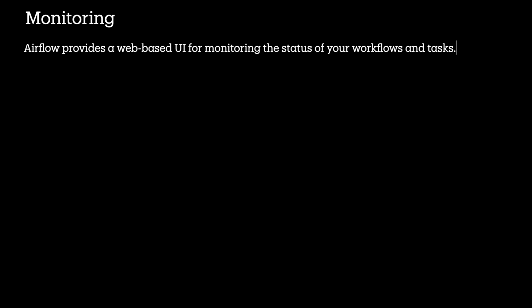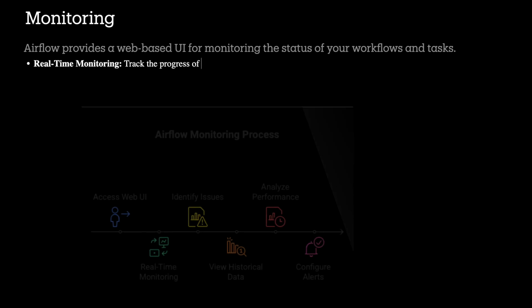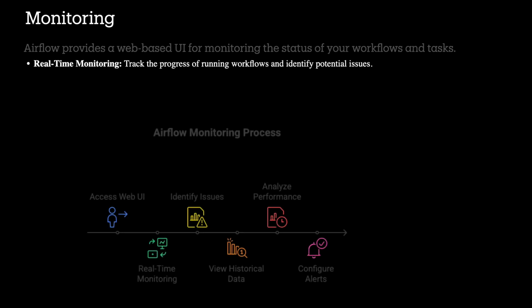The next major concept is monitoring in Apache Airflow. Airflow provides UI for monitoring the statuses of workflows and tasks, where you can also manually execute the workflows to see how it performs. The real-time monitoring process is shown in this diagram.